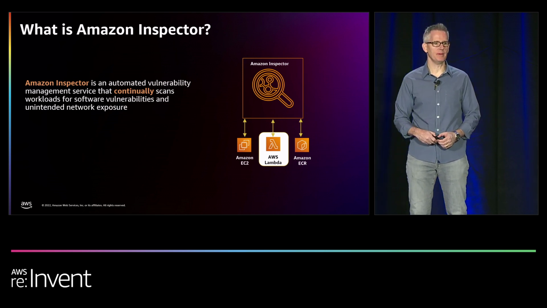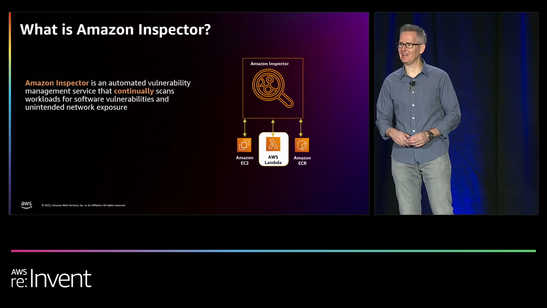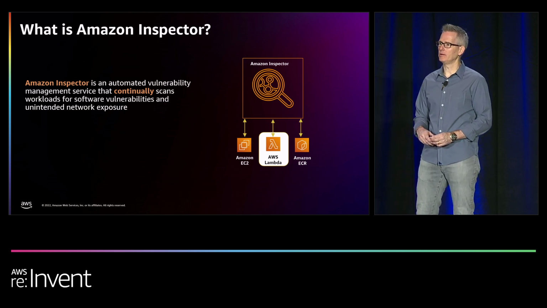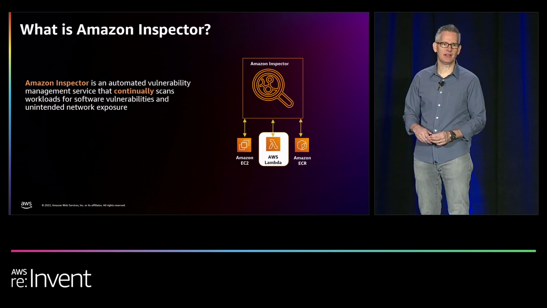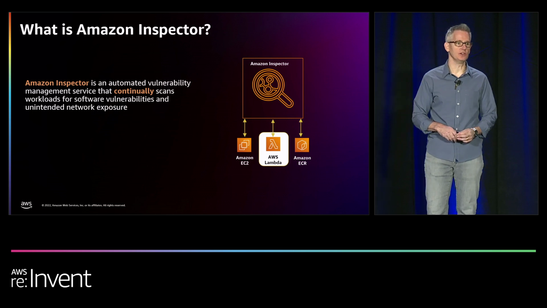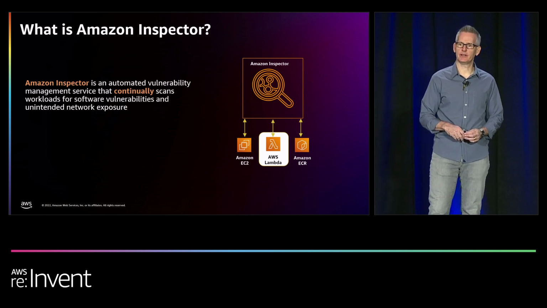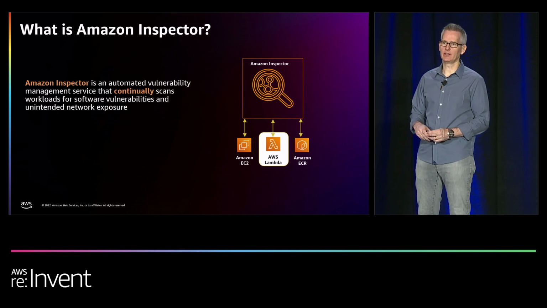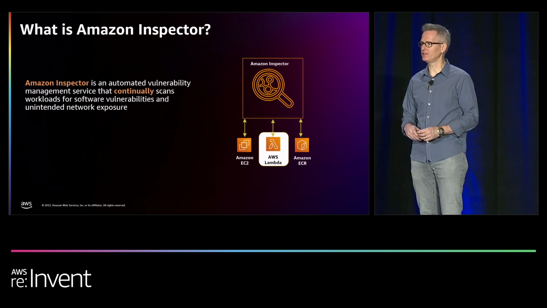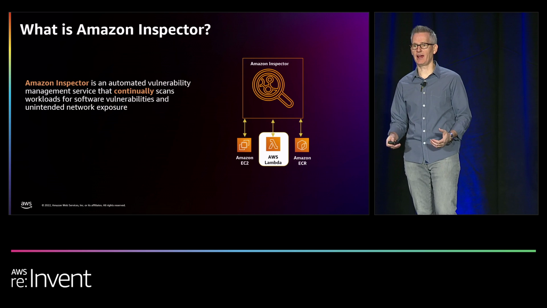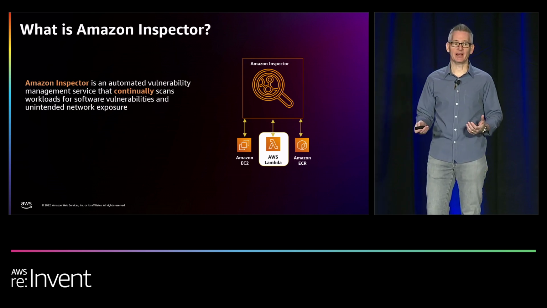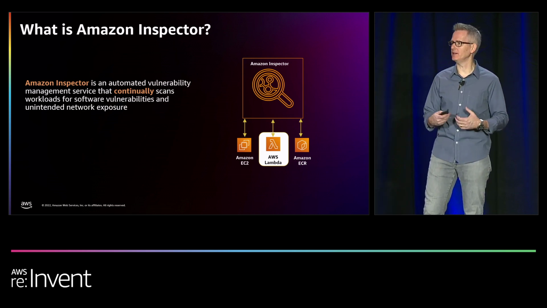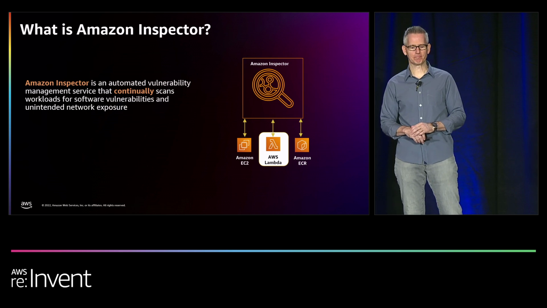We wanted to make Amazon Inspector easy to use and low administration, with easy enablement and continual monitoring, where Amazon Inspector decides what to scan and when to scan, so that instead of having a system where you schedule things and have to worry about, am I seeing everything in my environment, Inspector takes the burden for you.